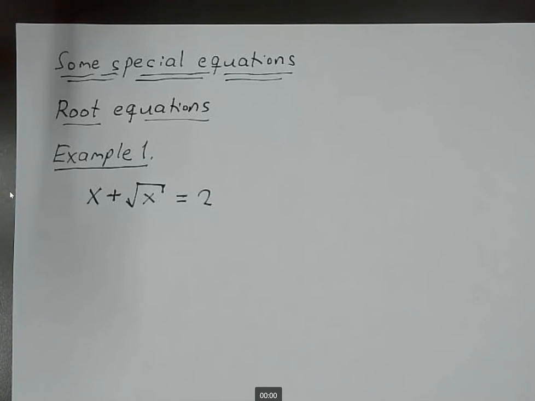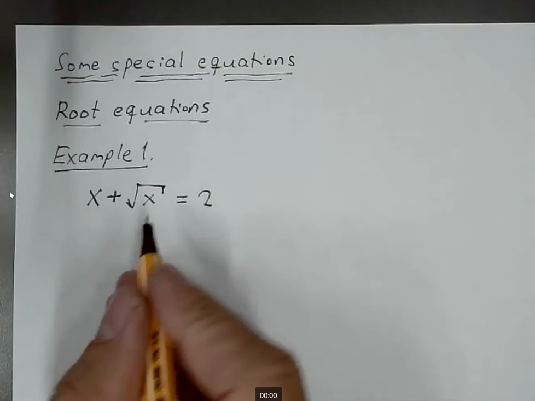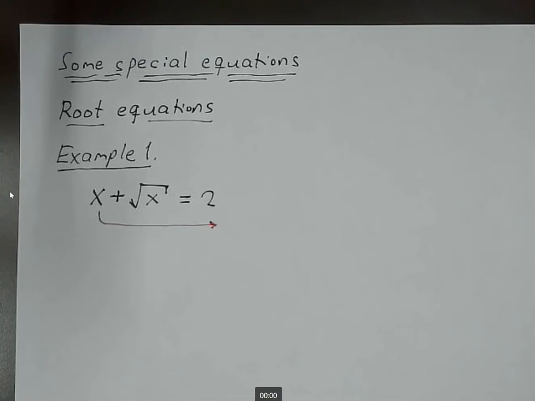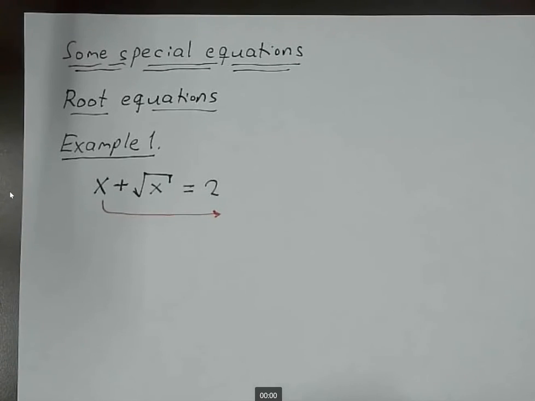But the usual method when we have an equation where there are roots, I think the most common method, is to leave the root part on the left hand side or on the right hand side of the equation lonely, so there is only that root sign there. So for example here this square root of x is on the left hand side, so I will move this x to the right hand side, so that leaves the square root only on the left hand side.